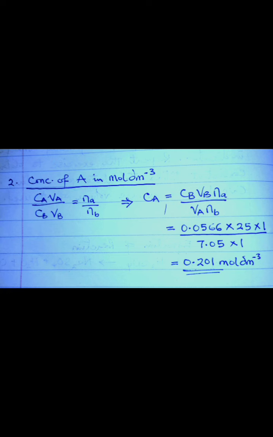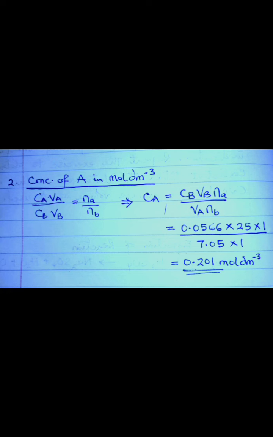So Cb 0.0566, Vb 25, Na equals 1. So we multiply all those all over Va, the volume of acid that we had from our average titer after titrating and creating our table of values, which gave us 7.05. So Va equals 7.05 times Nb, which is equal to 1.